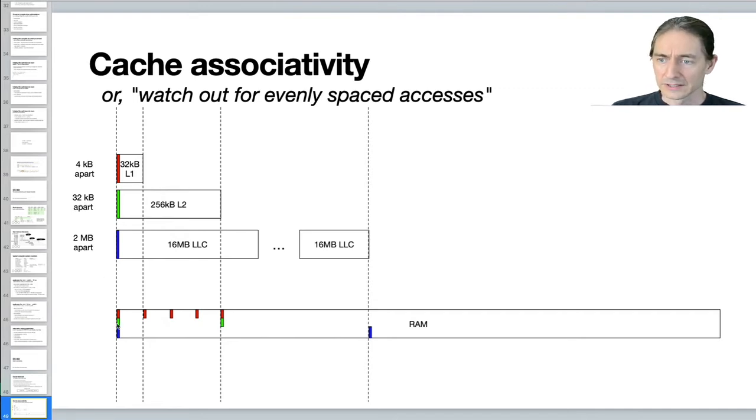So now the first line of the L2 can only hold this line here, or this line here, or the next one, and so on. And again, for the LLC, here we have a 16 megabyte last level cache, which means the spacing is 2 megabytes apart.